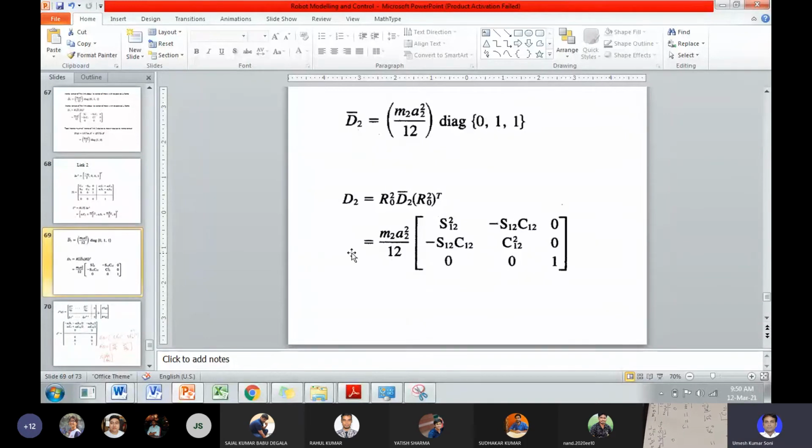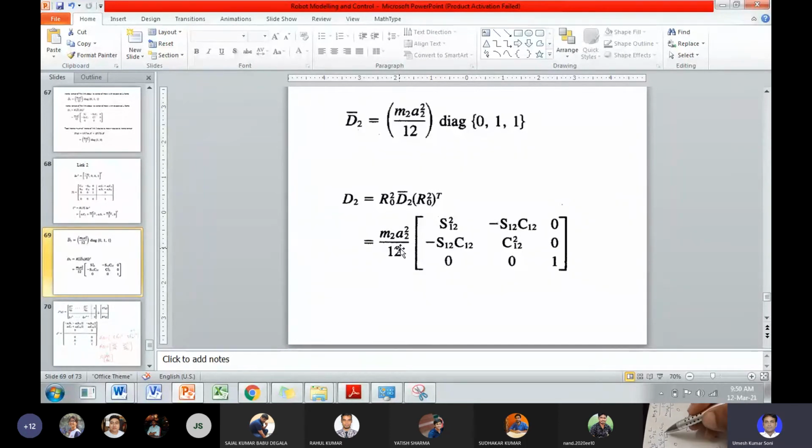Okay. So here it has taken the common value, divided by 12, it was left. So it is taking m2 a2 square by 12 common, and remaining item is s12 square minus c12 s12, 0.